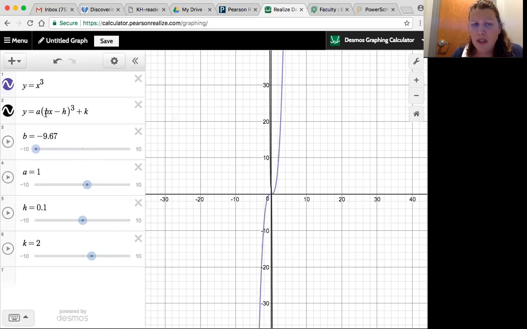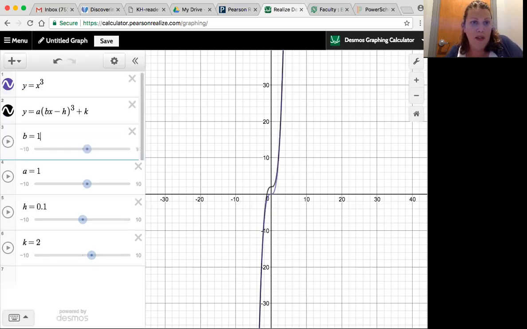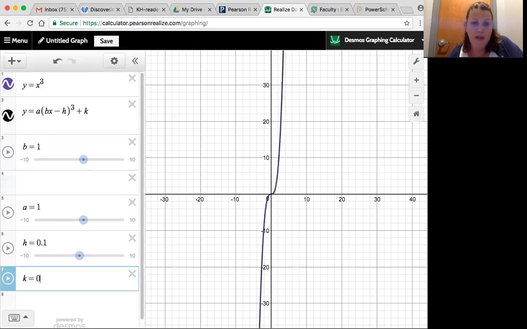Your book won't use these terms per se, but I actually really like to write an x minus h type of thing, because the minus sign reminds me that when it is a minus sign, it moves. Here, I can make these all 1, I'm sure, easily. A equals 1, h I'm going to be playing with, and k I'm going to make equal to 0.